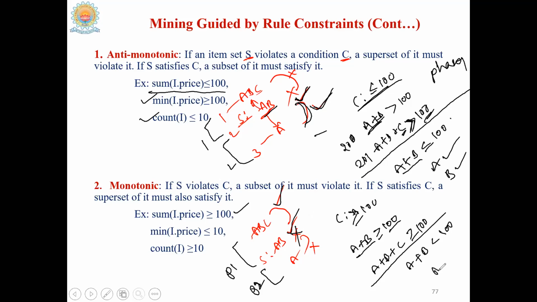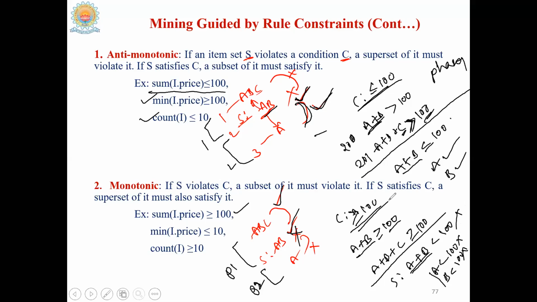Here the subset is either A or B. Obviously, if the total cost is less than 100, the individual cost is also less than 100. That means the item set does not satisfy the condition, and the subsets A and B also do not satisfy the condition, because our condition is greater than or equal to 100.